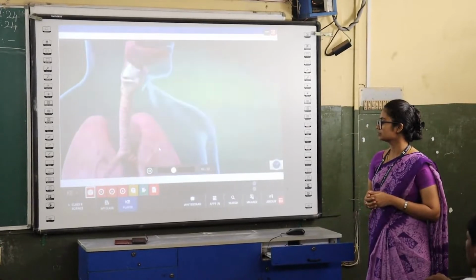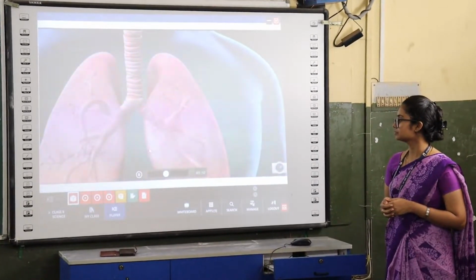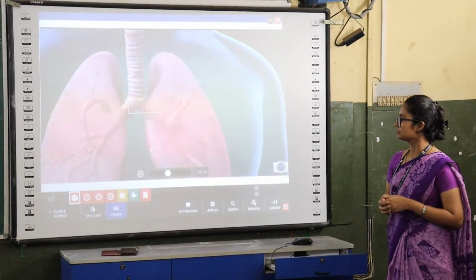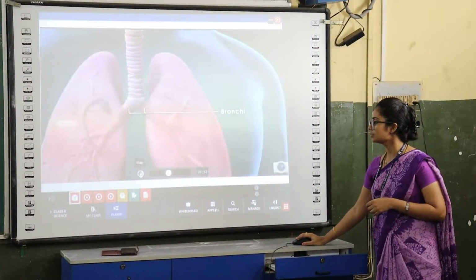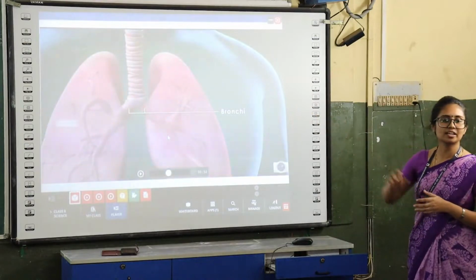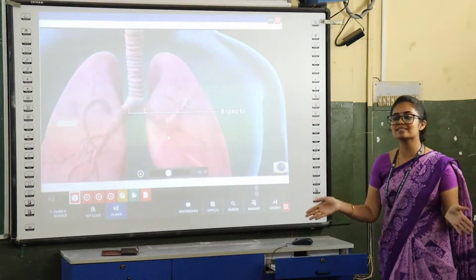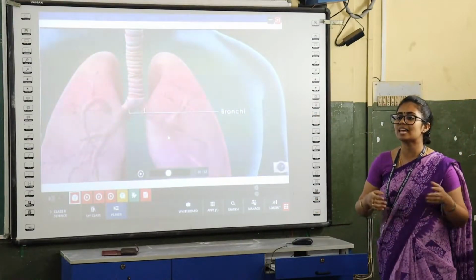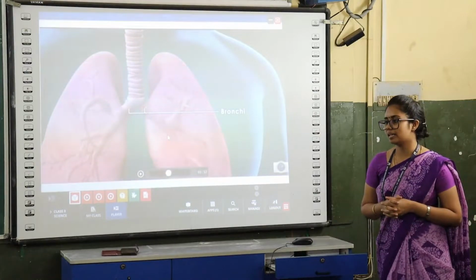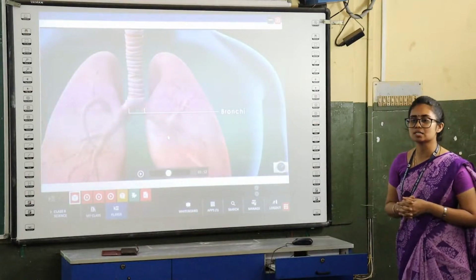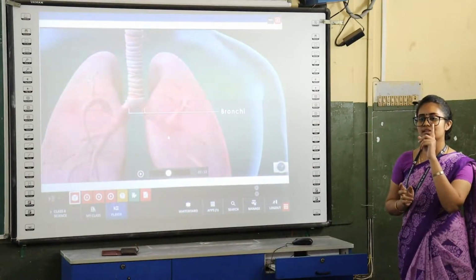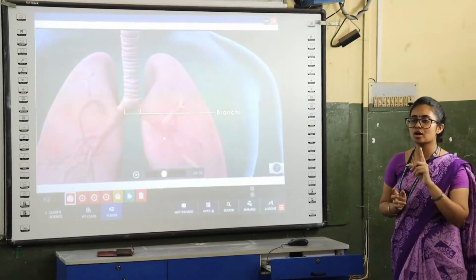The trachea extends downward and divides into right and left bronchi that are also in the thoracic cavity. So, can you see this trachea gives rise to two branch-like structures, which go to the left lung as well as the right lung. So, this region is said to be the bronchus. A single one is said to be a bronchus.